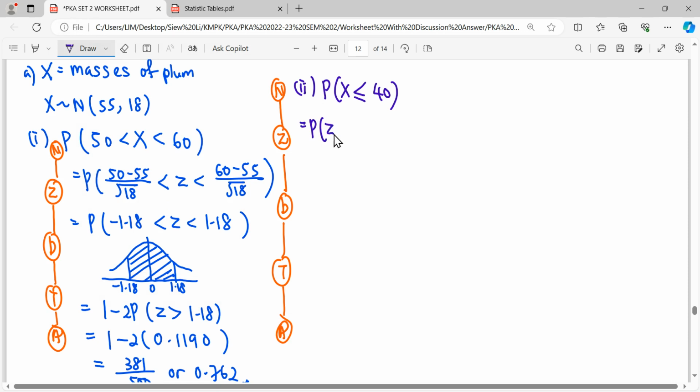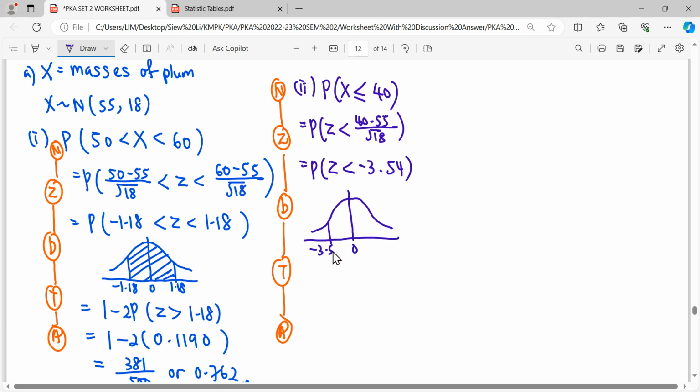Changing to z, 40 minus the mean over the standard deviation. Let your z be 2 decimal places. Then we draw out the region.